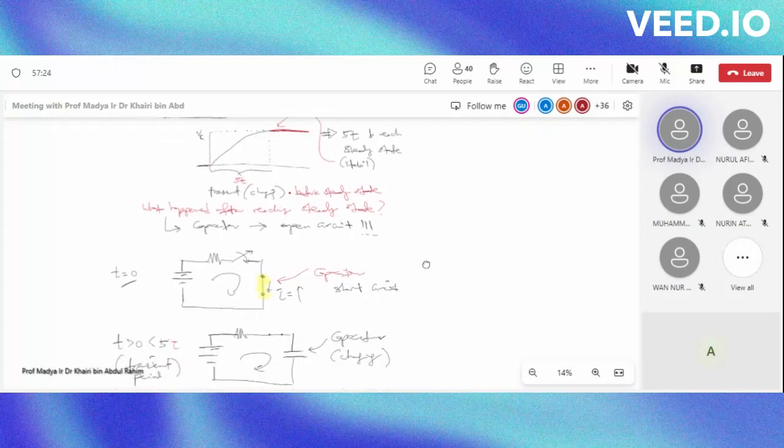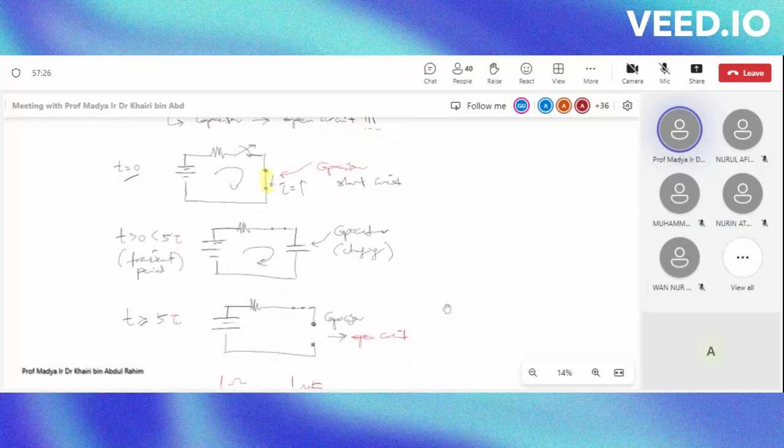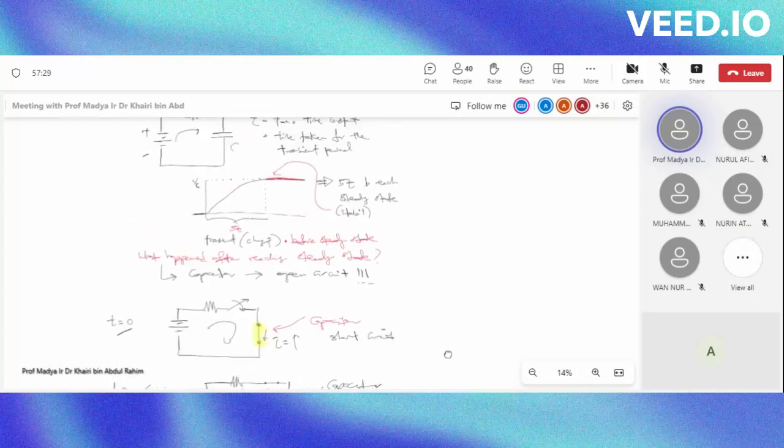Okay. So what happened after reaching steady state? So capacitor becomes open circuit. So this is very important for you to know that it becomes open circuit. Okay, and the rest of the analysis becomes simpler once you know that capacitor becomes open circuit.